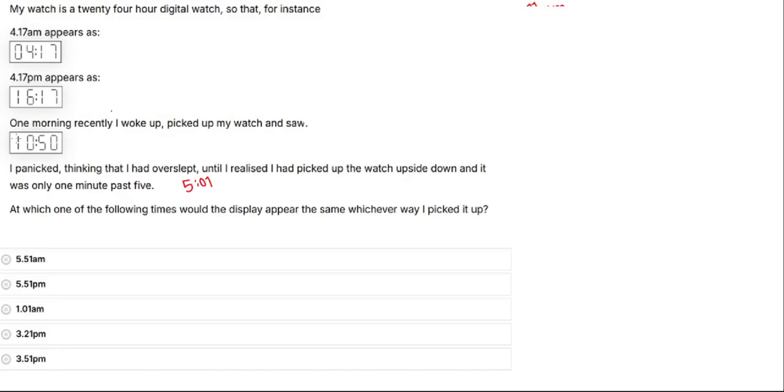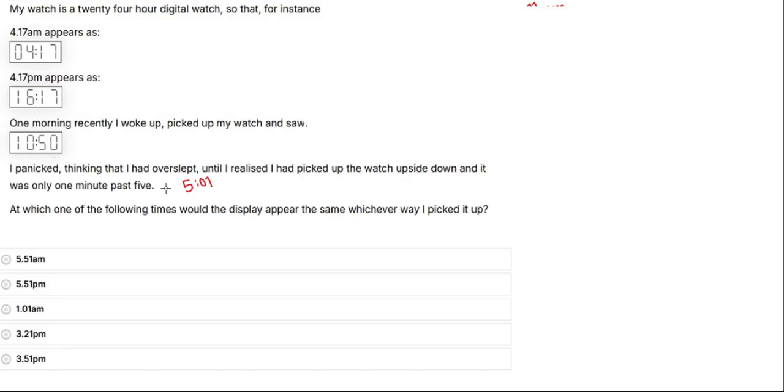So this is how it's supposed to look. This is how he picked up the watch, but actually when he flipped it 180 degrees, it was 5 past 1 minute. So this is what he saw after flipping 180 degrees.